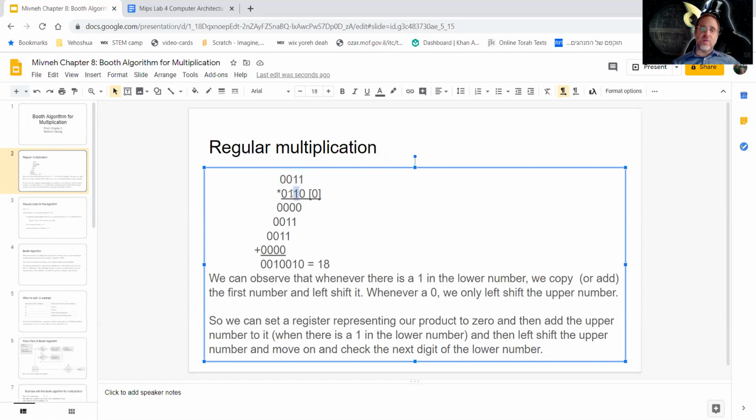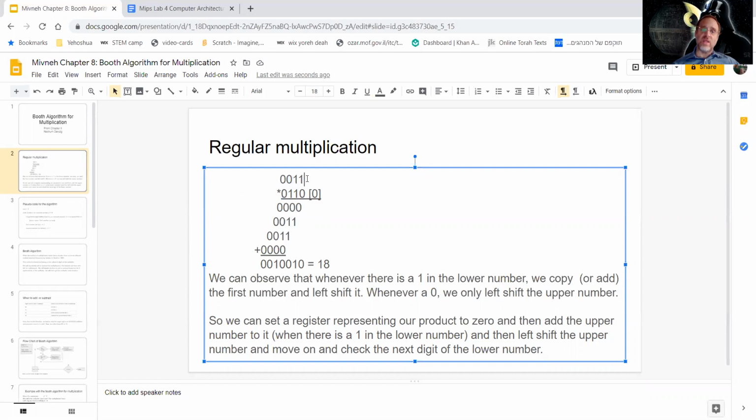Now we look at these two numbers, and we say, oh, 1, 1 means do nothing. So we just shift it. Then we look at these two numbers, and we say, oh, 0, 1, that means add it. So we take our number and add it to the product. The product previously was 0 minus this number after a shift.